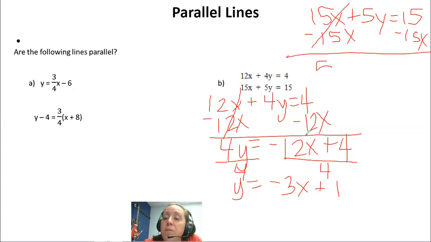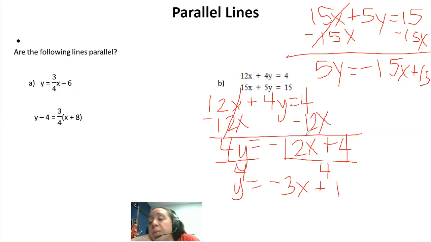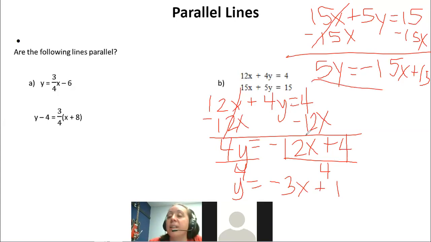So we're left with 5y equals negative 15x plus 15. Then what do we do? If we have 5y equals negative 15x plus 15, what would I do now to solve for y? I got to divide by 5. Yes, very good.